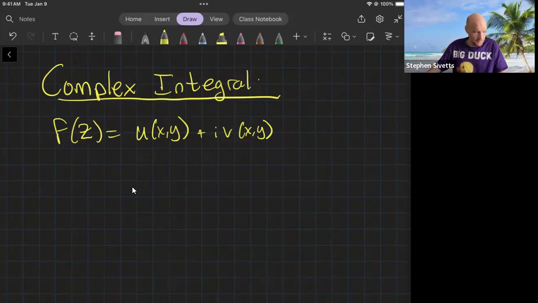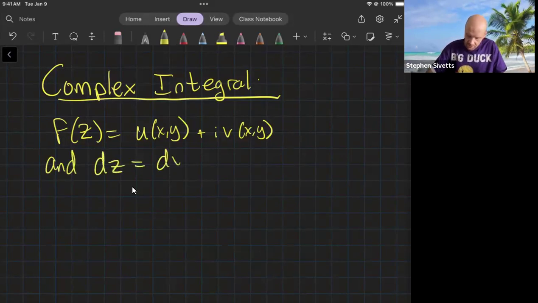And we can also define dz as the derivative in x plus I times the derivative in y, right? The change in x and the change in the y variables.